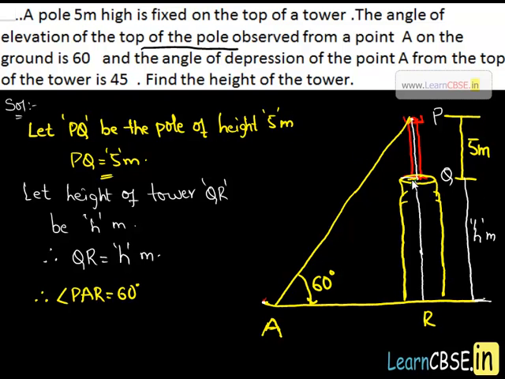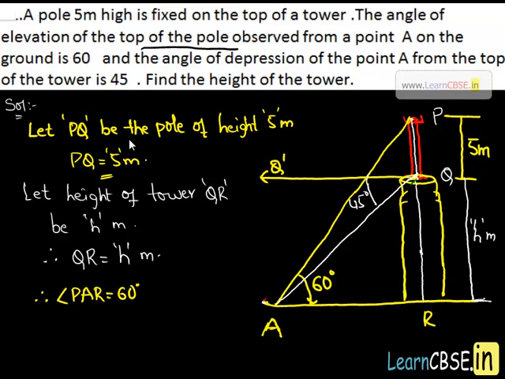Now, let us draw a horizontal line QQ dash through Q, and we have the angle of depression of the point A from the top of the tower Q is 45 degrees. Therefore, this angle is 45 degrees.